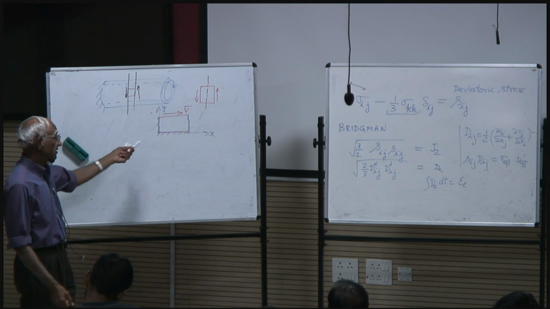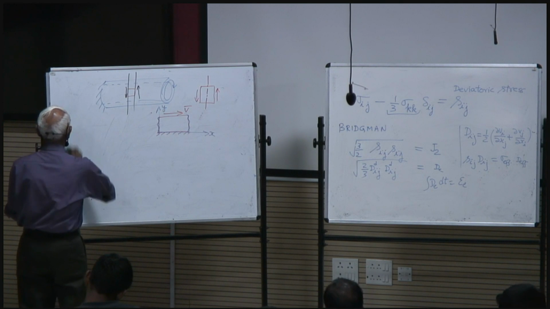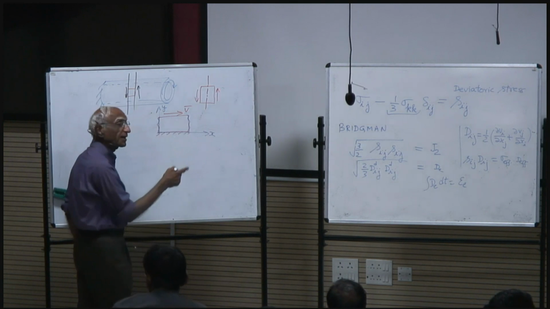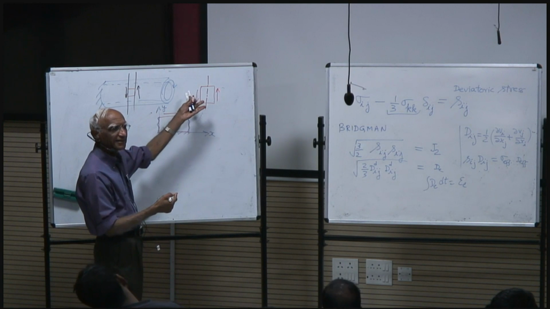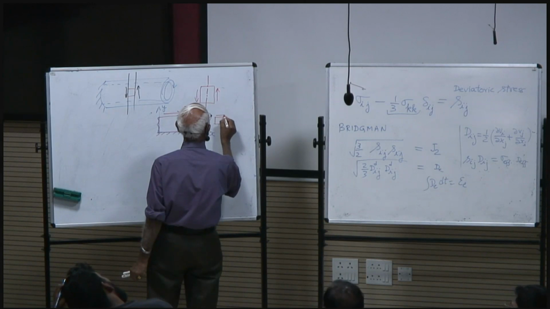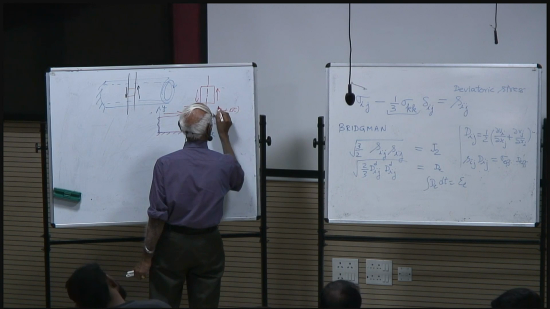Now we need to write the equation of motion. If you take a small piece, a smaller piece than the one we considered there, we see that there is a tau plus delta tau times area.